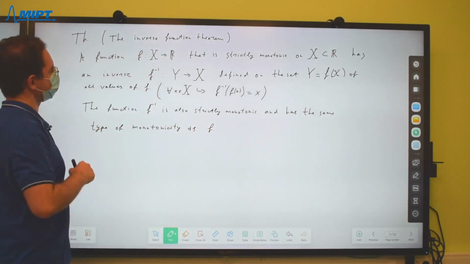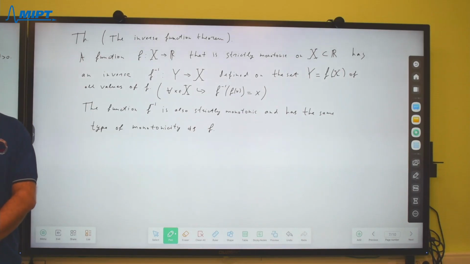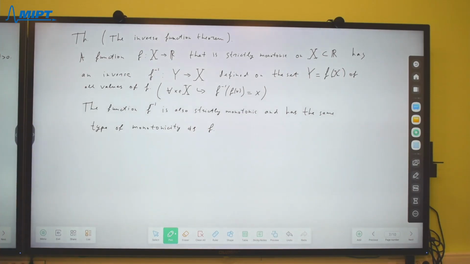So if my original function f was, for example, increasing, then the inverse function would also be increasing.